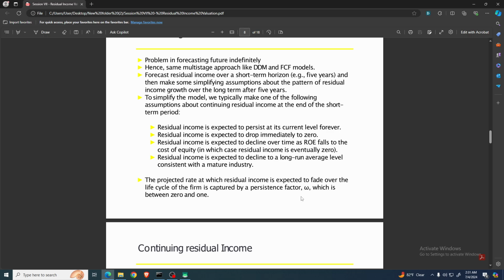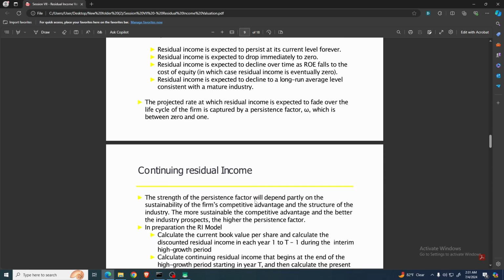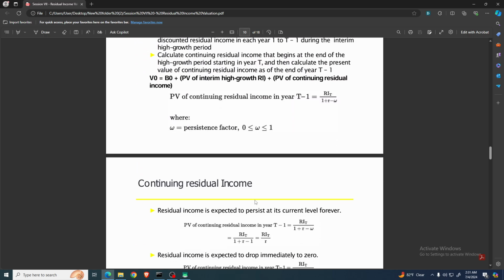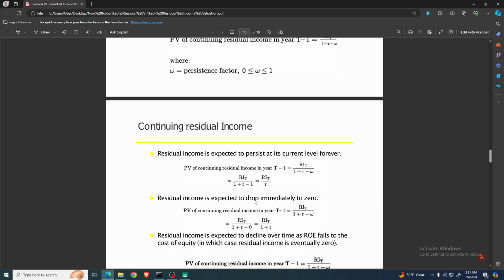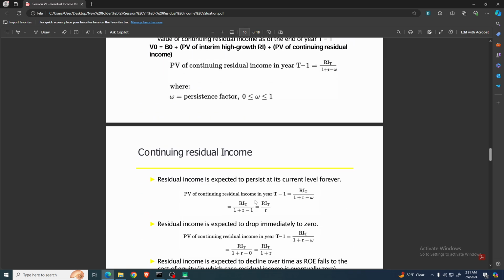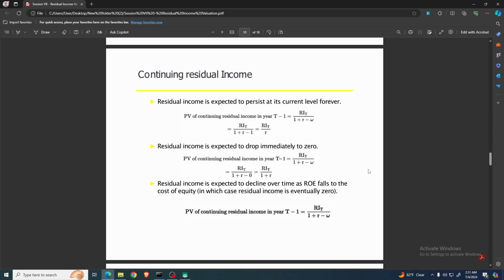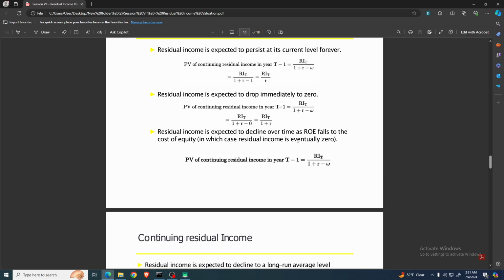Third one is residual income is expected to decline over time as return on equity falls and the competitive advantage erodes. And finally, residual income is expected to decline to a long run average level consistent with a mature industry. So you can see how each of these instances is modeled into different outputs, which you can see right here.